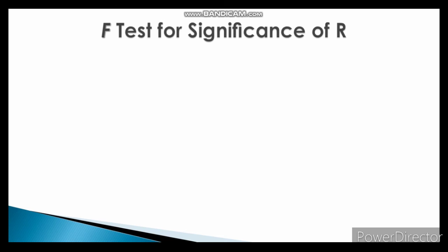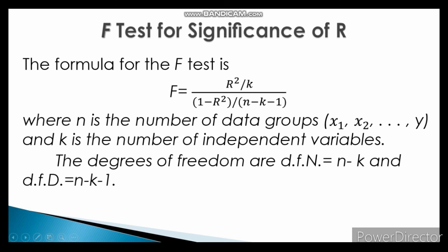F-test for significance of R. The formula for the F-test is F is equal to R squared all over K, all over 1 minus R squared all over N minus K minus 1, where N is the number of data groups and K is the number of independent variables.